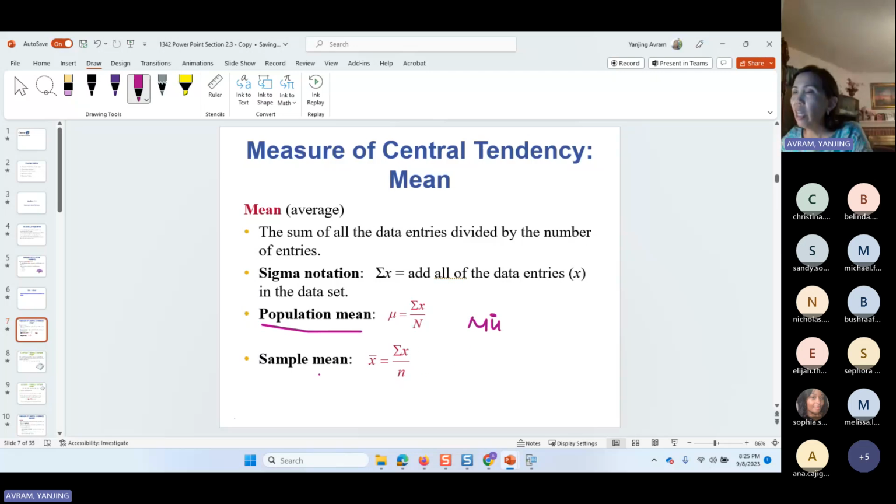And then for the sample, we're using x bar for the mean. All right, this is all equal to the sum of the x divided by n. The N is the total population, and this n is the sample size. All right, so basically the population mean and the sample mean calculations are the same. It's just using a little bit different characters to represent them.